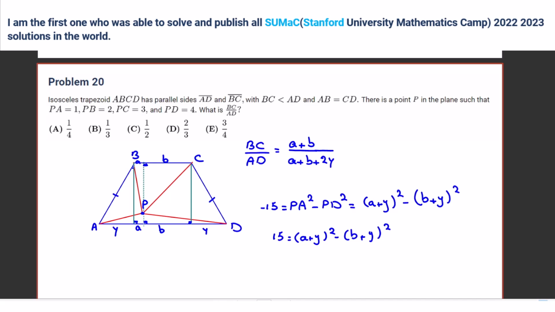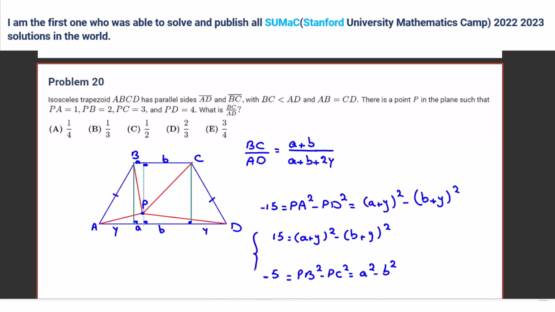Now, if we use the other double Pythagorean theorem, PB squared minus PC squared is equal to, well, a squared minus b squared. Yes, and PB squared minus PC squared is equal to what number? PB squared is 4, minus 9, negative 5.